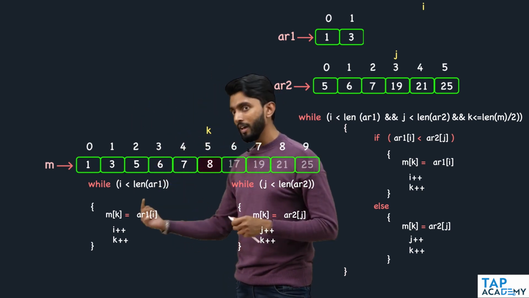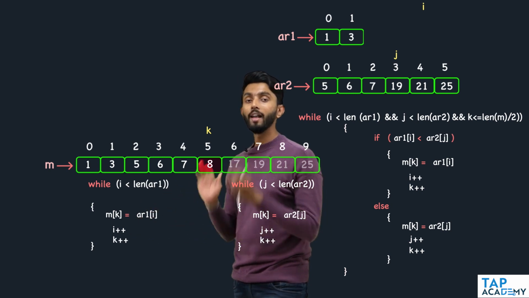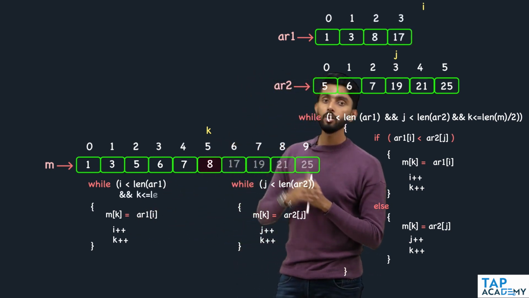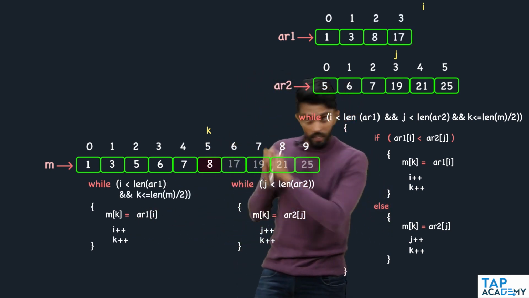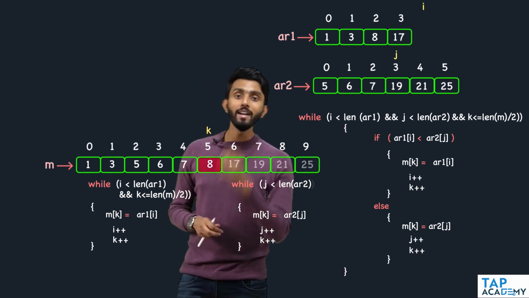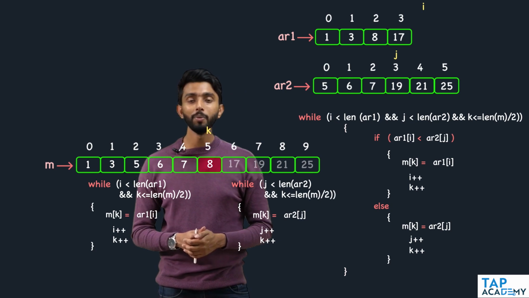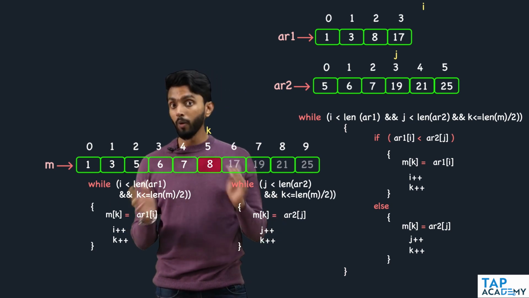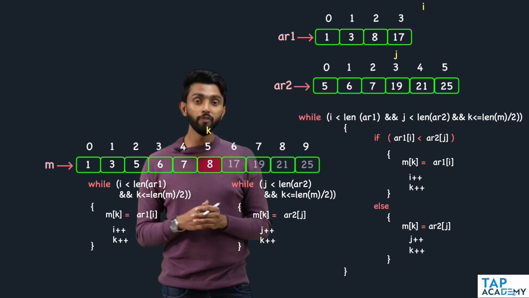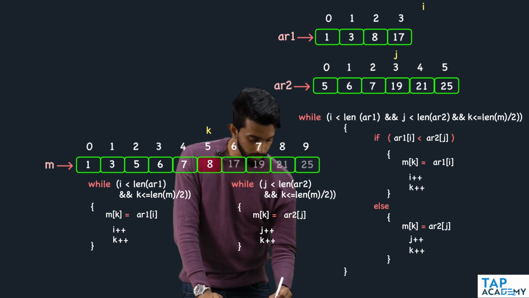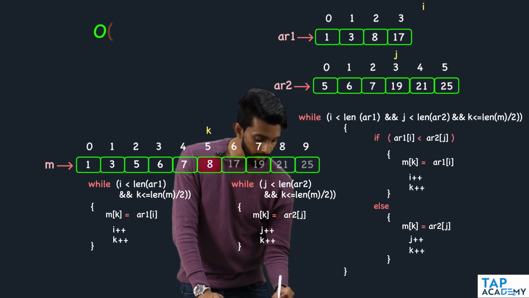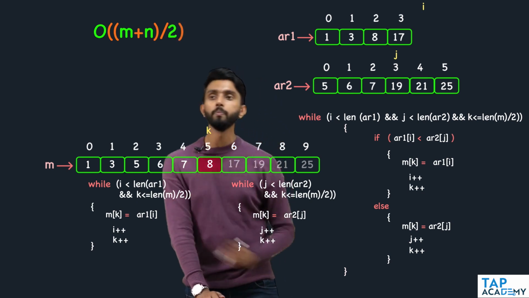So would you agree? Even in this loop, I should add and k less than or equal to length of m divided by 2. If you do this, the advantage is that definitely halfway only you will be doing merging, which means your time complexity, which was big O of m plus n, will now become m plus n divided by 2.